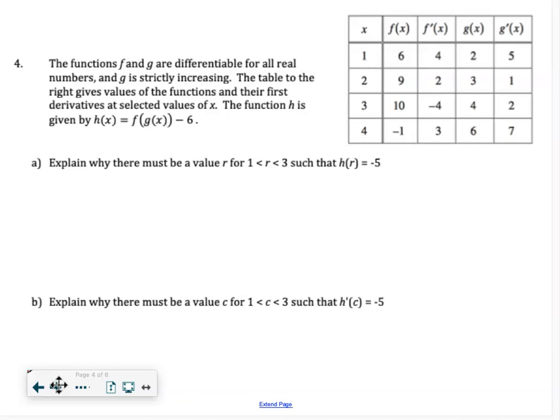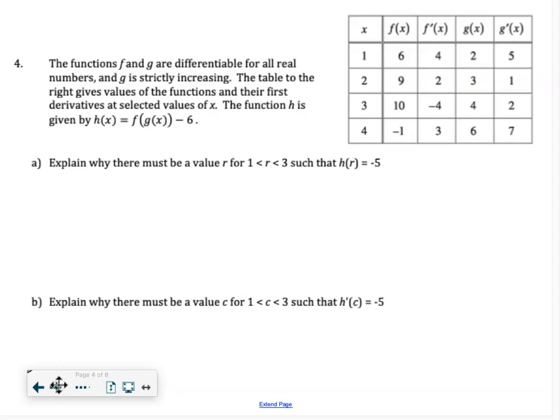Okay. So explain why there has to be some value r from 1 to 3 where h of r equals negative 5, and then explain why there has to be a value c from 1 to 3 where h prime equals negative 5. If you're talking about function values, where does this function have to hit this function value? What theorem are you using? IVT.